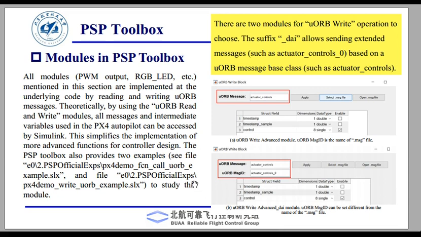Also, in the write advanced DI module, the message ID can be set different from the name of the .msg file. So this is the difference between them. This suffix gives you more extended messages.